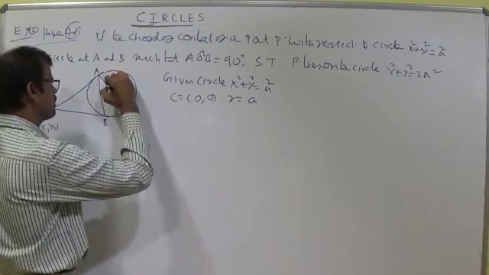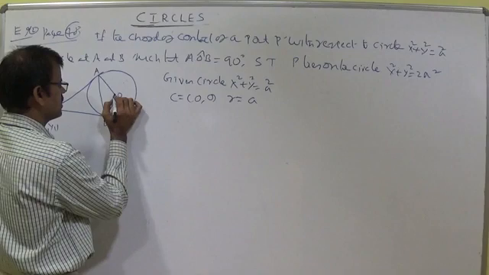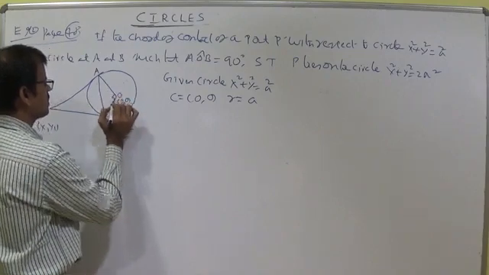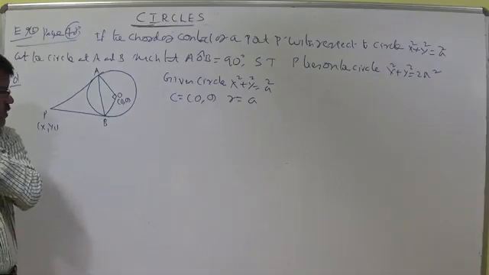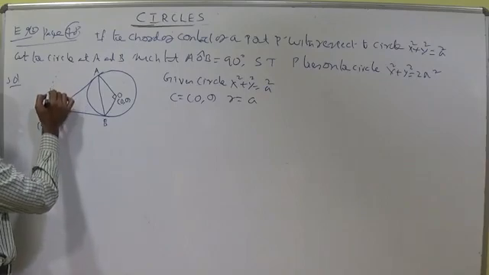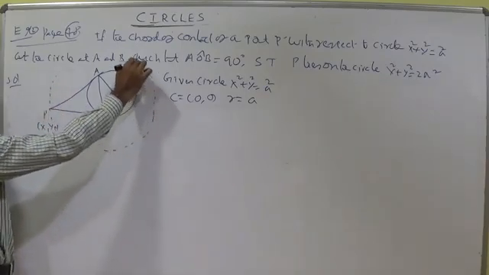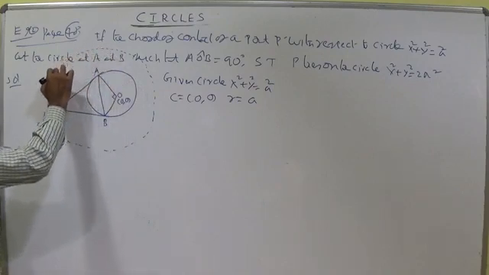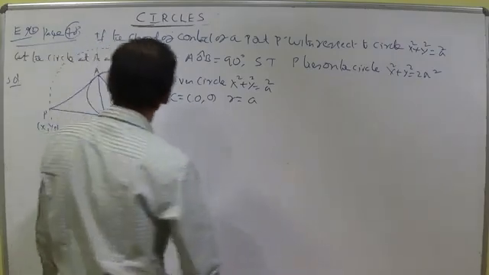If the chord is making 90 degrees here, then show that P lies on a circle. He is discussing the locus of P: P lies on the circle x square plus y square is equal to 2a square.